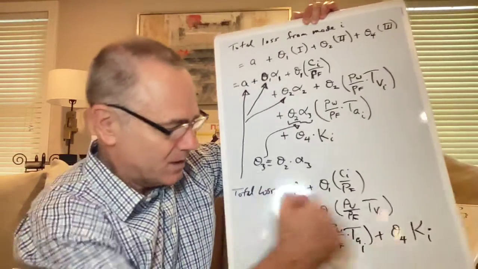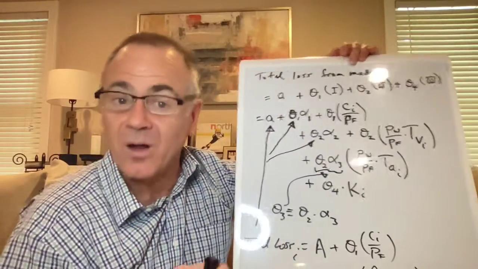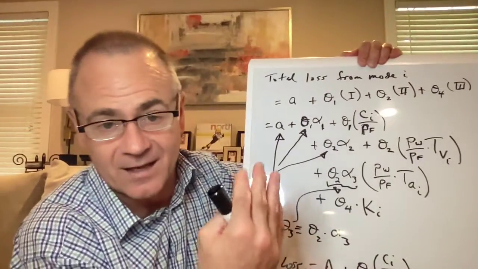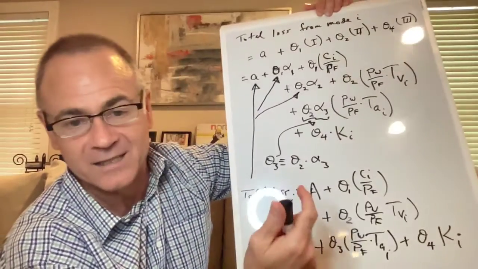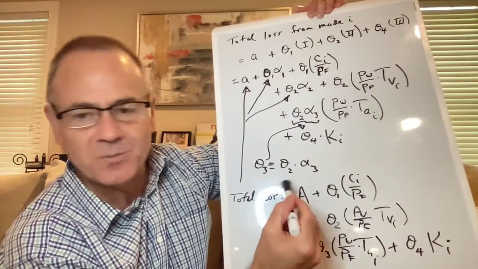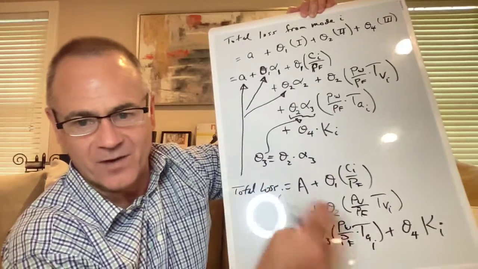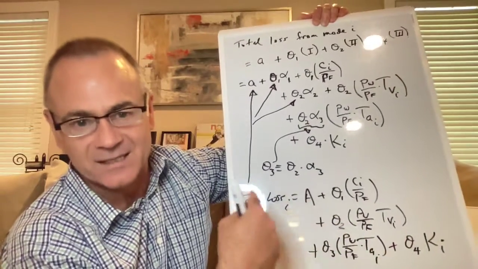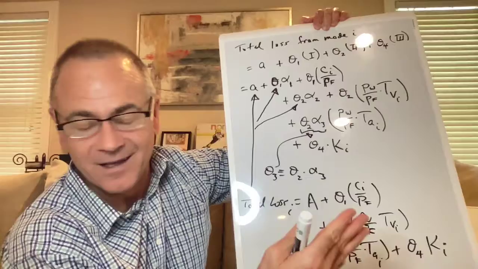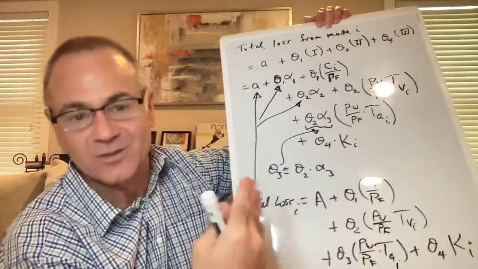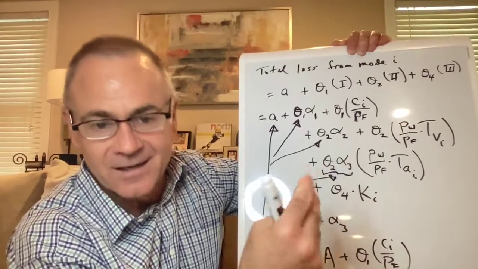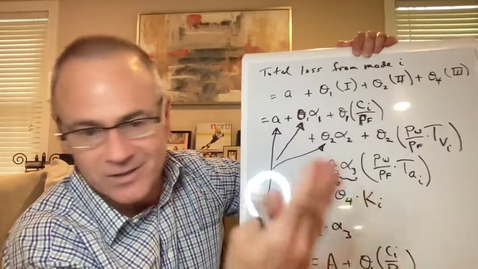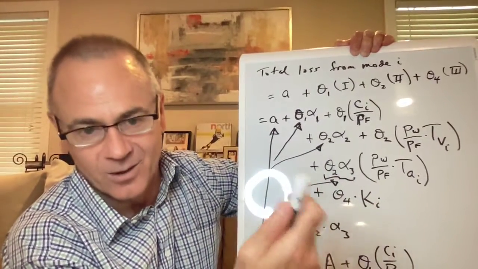Mode i equals this term. By the way, we're going to call it loss. Now, I just gave you the case where you maximize your utility. Here you're minimizing loss. If instead you put a negative sign in front of everything, then all of a sudden it makes sense to call this utility, and minimizing total loss is the same thing as maximizing utility, where utility is just the negative of that total loss.